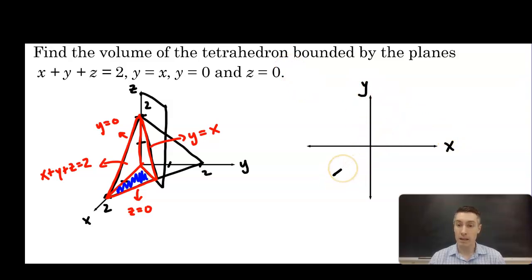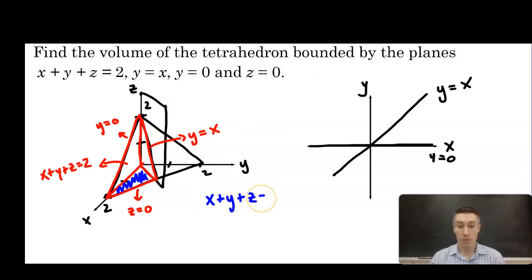So we have y equals x. We have y equals 0, so that's our x-axis. And then we need another curve to define a region of integration. So that's where we're going to look right here at the front piece, and that's the intersection of x plus y plus z equals 2 and z equals 0.